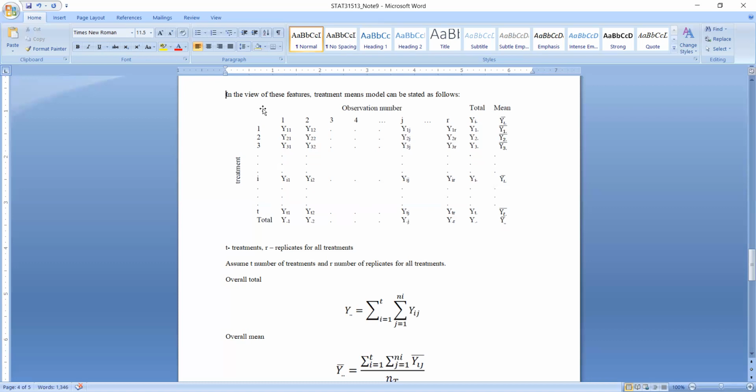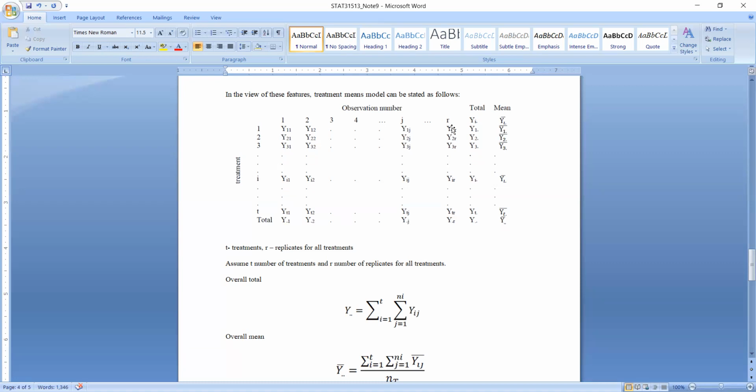So what happens here is, now here by rows, they have given you the treatments. So when you look at the first row, you take the total of all the observations in the first row, that is, the total of all the values which belong to treatment 1. Since we use Yij to denote the observation, when you take the total by rows, you're not changing the treatment.